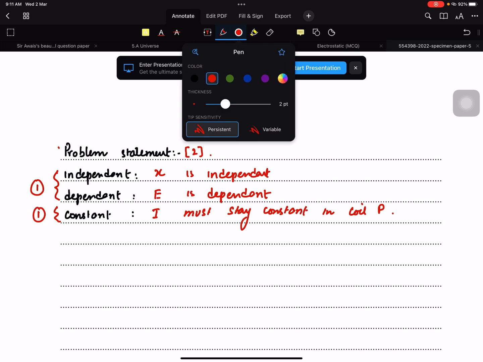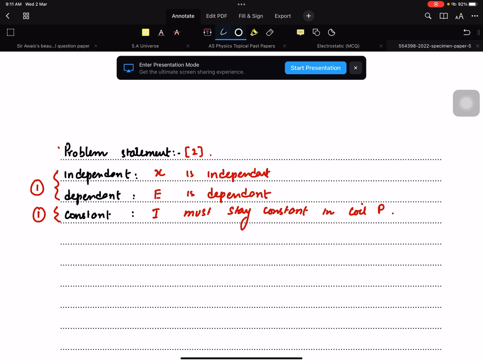The next thing you have to do is write the method of data collection. Method of data collection is where you explain how you are going to use the whole apparatus if you set it up, and then how you will get each quantity that you require.